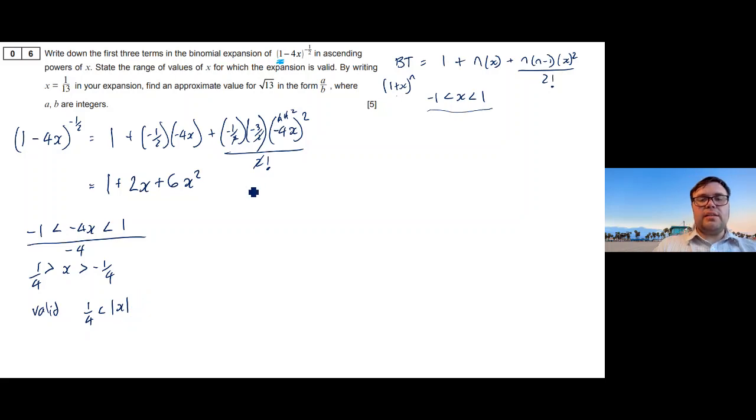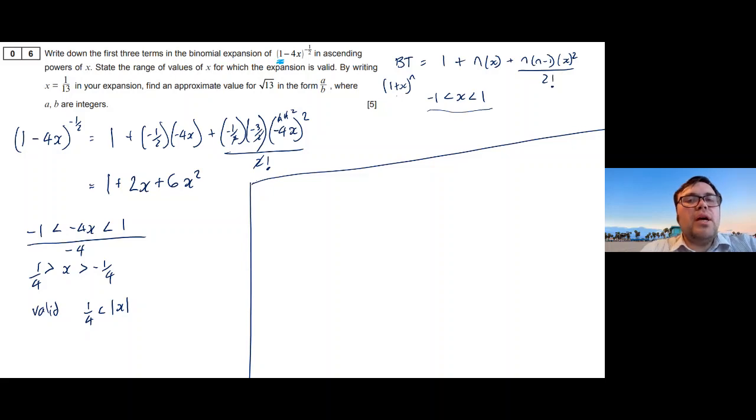And then finally, so I'm going to cut this section out here. So then finally, we are told by writing x equals 1 over 13 in your expansion, find an appropriate value for root 13. So we have 1 minus 4x to the power of minus a half, which is equal to 1 plus 2x plus 6x squared.